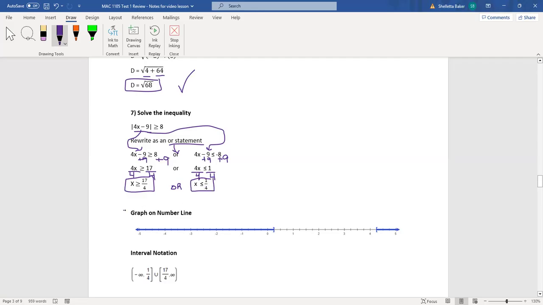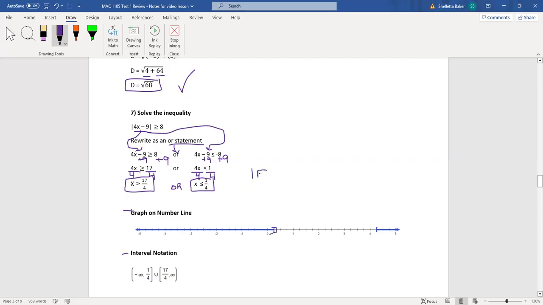Next, we want to graph on a number line and then write that solution using interval notation. So x is less than or equal to 1/4. Right here at 1/4, we will use our brackets. Remember, you either use a bracket or parentheses.